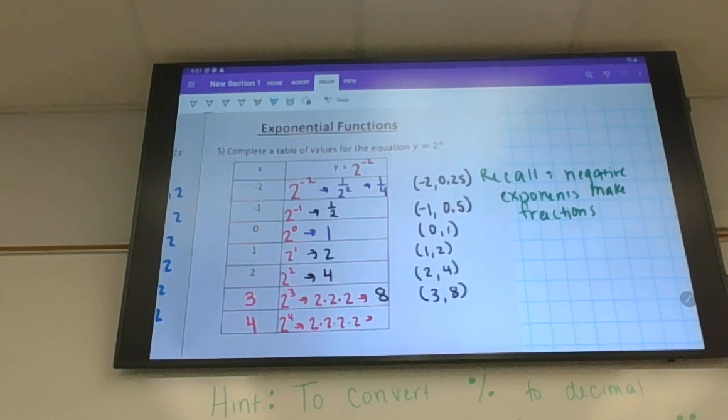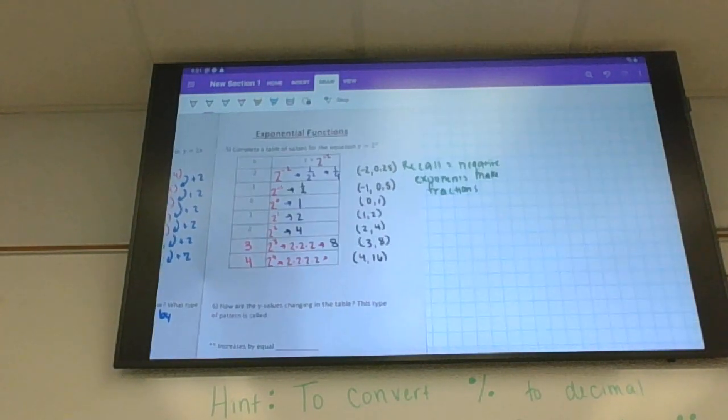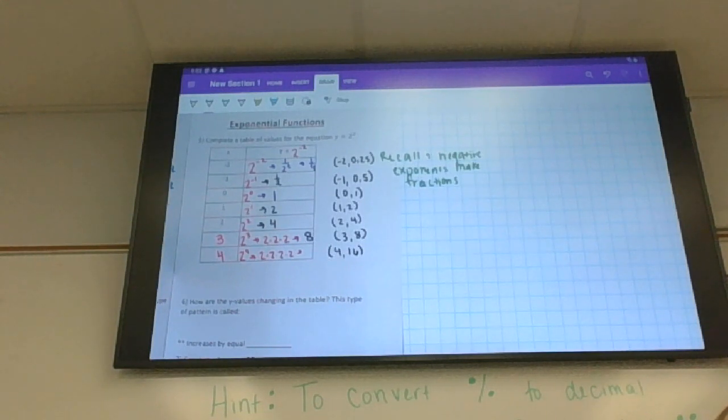So now we have a number way up at 4, 16. It's really interesting because even though we have negative x values, we don't have negative y values, because negative exponents don't make negative numbers. They just make fractions.